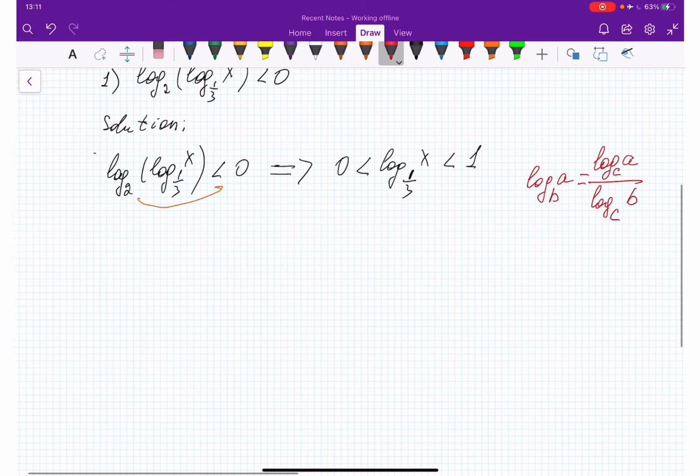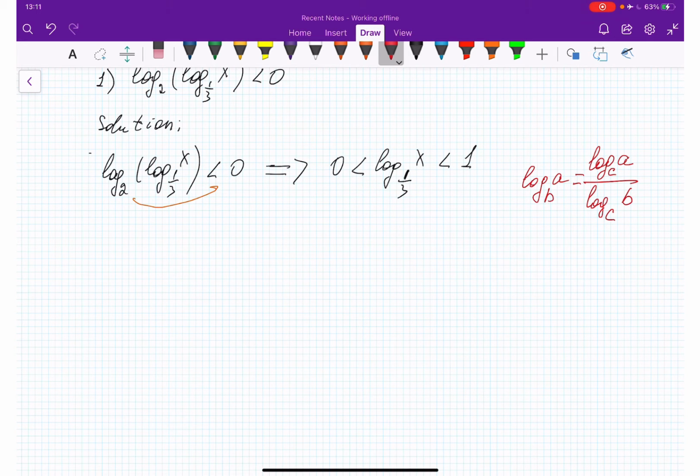So I'm going to apply this property here. I'm going to use base 3. Logarithm x by base 3 divided by logarithm 1/3 by base 3.